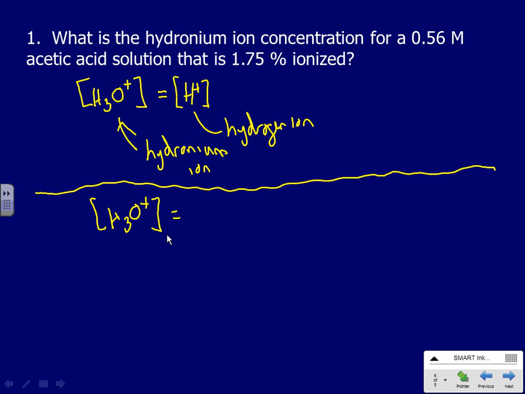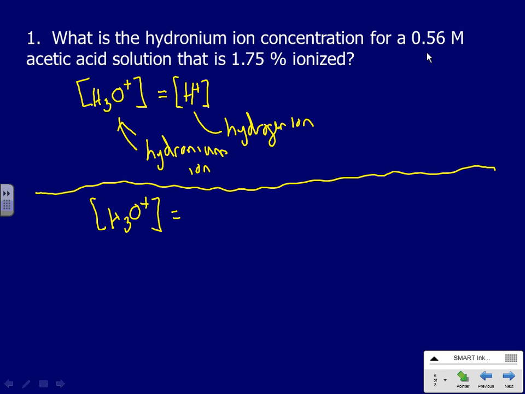The reason I'm starting with this one is I want to express to you that this is a really easy calculation and we really don't need an equation to solve it, but I will solve it with the equation. If I have 0.56 molar acetic acid and 1.75% of it ionizes, the question is how much H3O plus am I going to get? What I'm essentially trying to find is, what's 1.75% of 0.56?